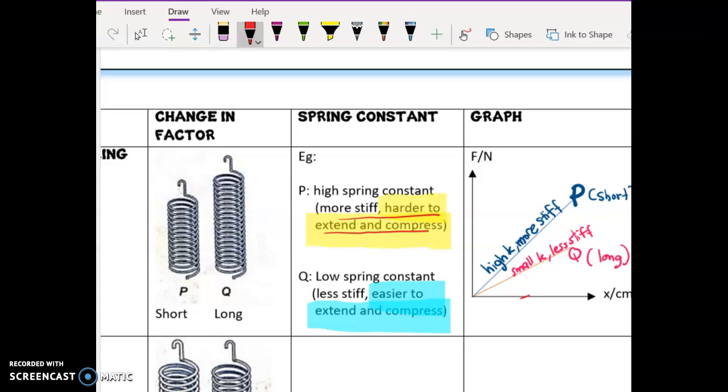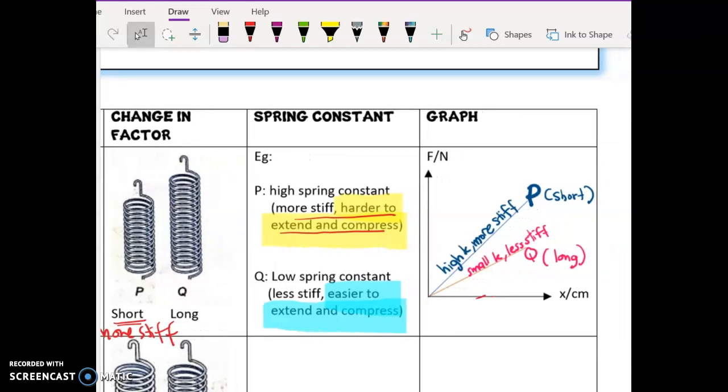So obviously, a short spring is more stiff. If you conduct Hooke's law experiment using a short spring, you will get a steep graph. The blue graph here is indicated by the short spring. It is more stiff, it has a high spring constant, and the graph is more steep.